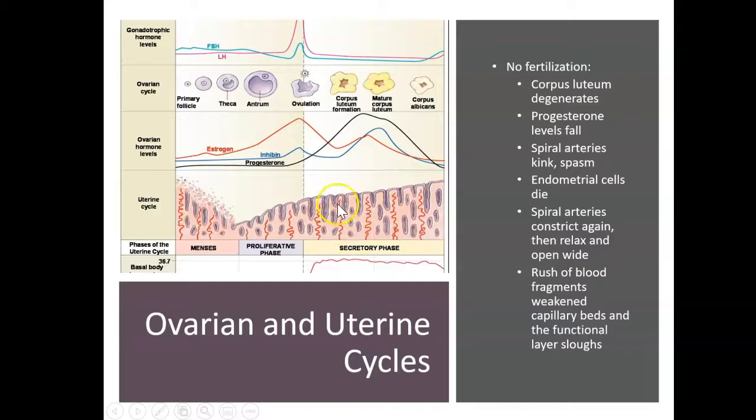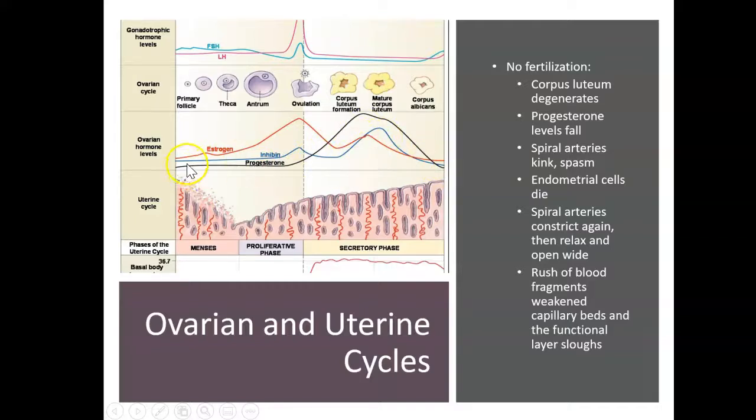Then, when we get into this stage after ovulation, the secretory phase and the corpus luteum formation phases, you're going to see a huge spike in the amount of hormones that are present. Except for estrogen. Estrogen levels will start to decrease, but inhibin and progesterone are going to skyrocket.